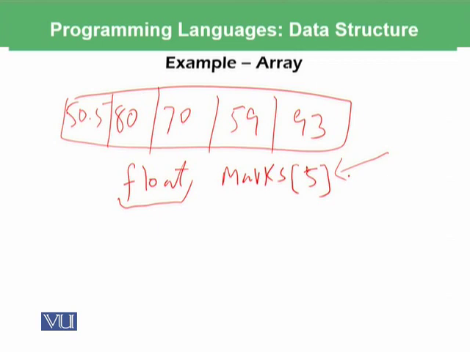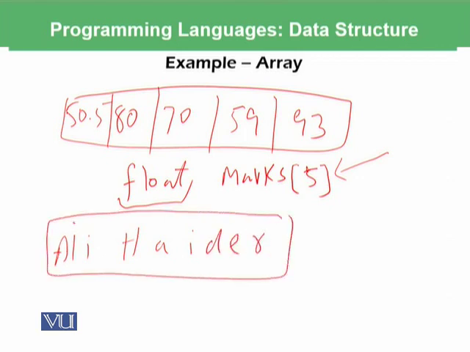Similarly, if you want to store the name Ali Haider, with the space, we need 1, 2, 3, 4, 5, 6, 7, 8, 9, 10. So we need 10 joint locations of type character.